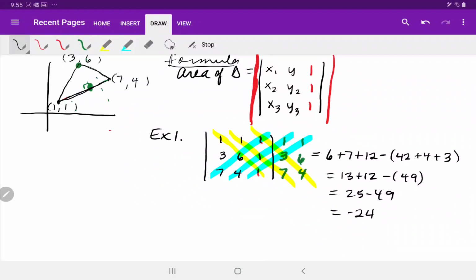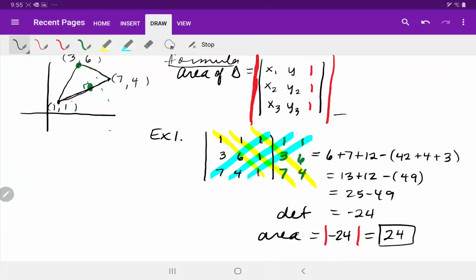But this is area. So what's the problem with this being the area? This is the determinant. So the determinant is negative 24. But what's the area? Well, area is not supposed to be negative, so that's where the absolute value comes in, my red absolute value from above. The black absolute value was a determinant, and this outside red one is a real absolute value.